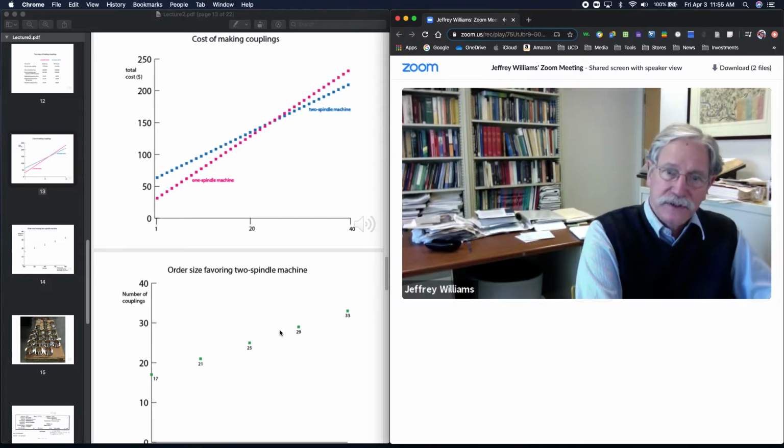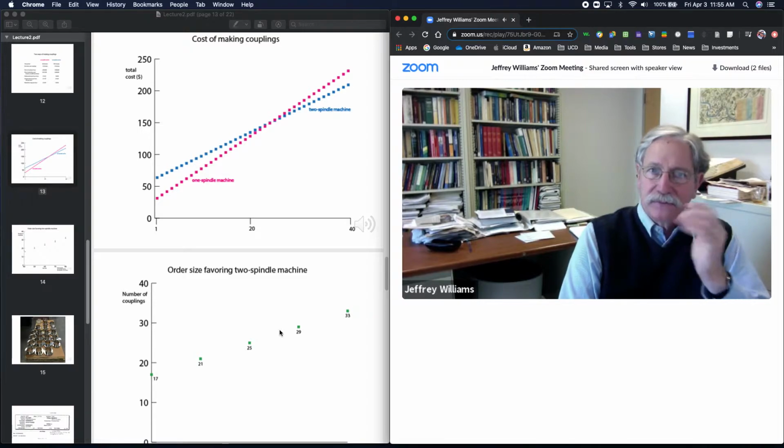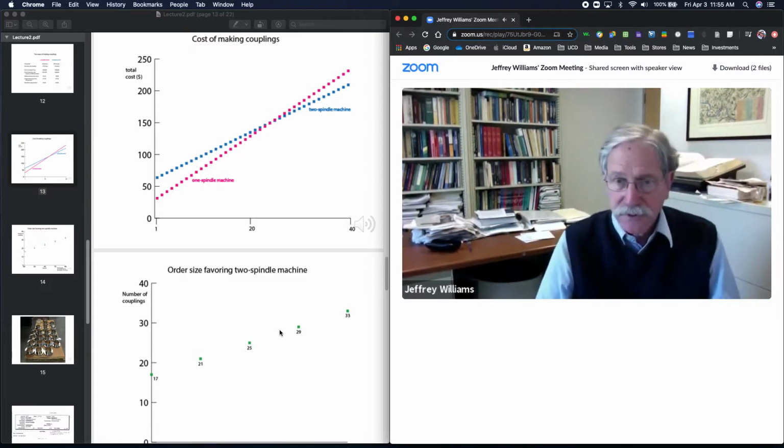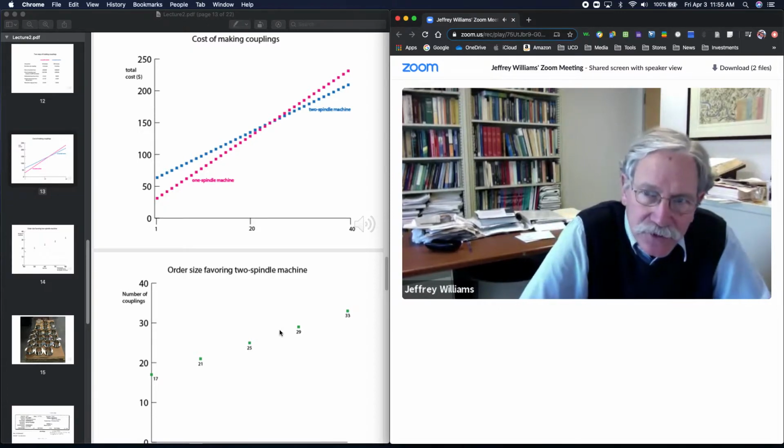I want to know that it's a crossover at 25 rather than there is a crossover. I can guess there is one without doing all the math, but I want to know the exact number. And that's to say, in a diagram like this, what's the order size favoring the 2 spindle machine? It's 25 versus 21. I want an actual number.